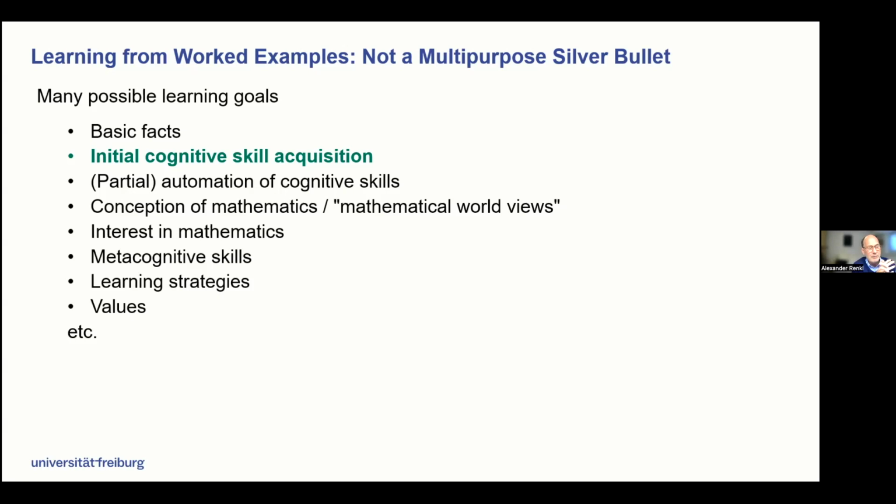And I think the typical learning goal for which learning from worked-out examples should be used is this initial cognitive skill acquisition. It's not a magic bullet for everything else, at least not automatically.